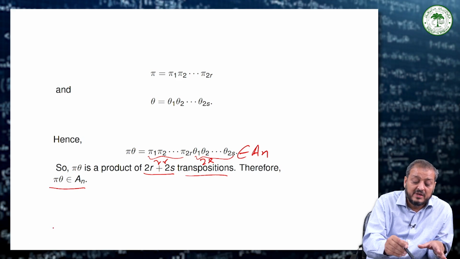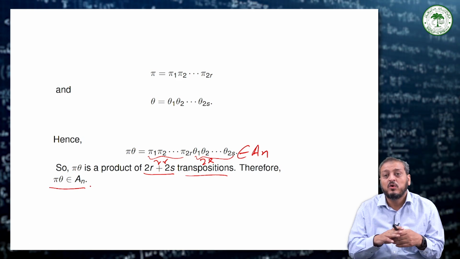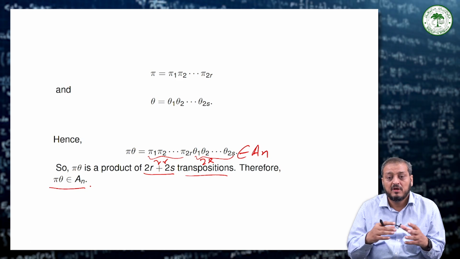That means we can say that An is closed under the composition of functions.